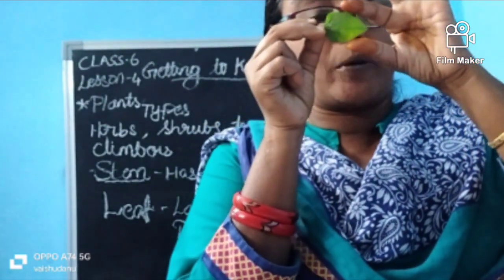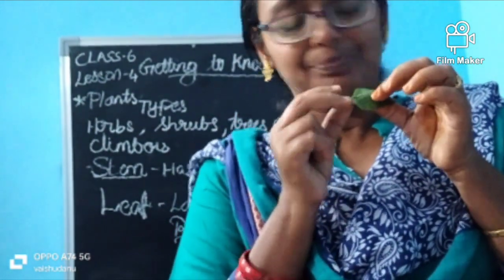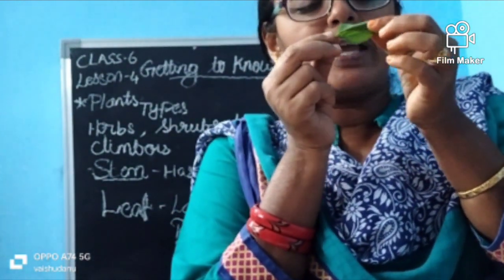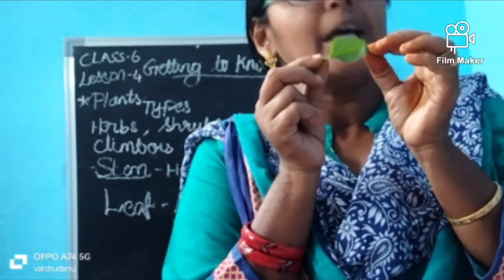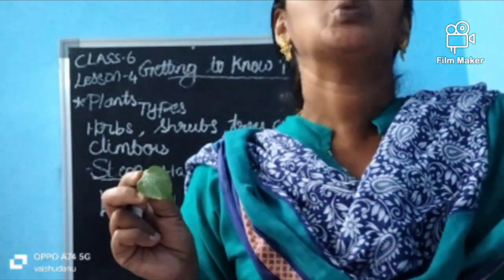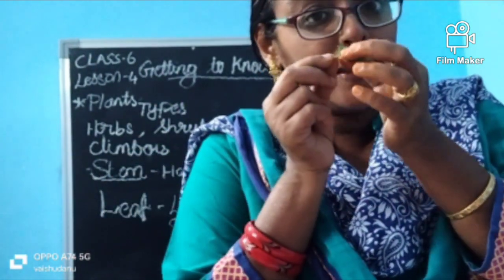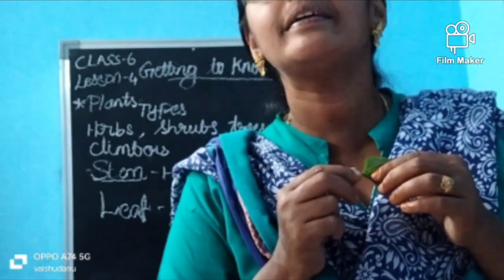That flat broad structure of the leaf is called what, ma? Lamina or leaf blade. In the lamina we can see there is a central vein. I told you there are veins in the stem. The veins will be extended to the leaf also. The main central vein of the leaf is called what, ma? It is called midrib.